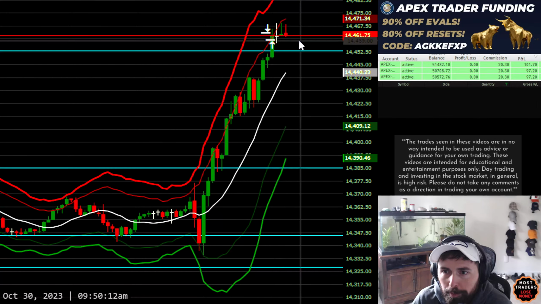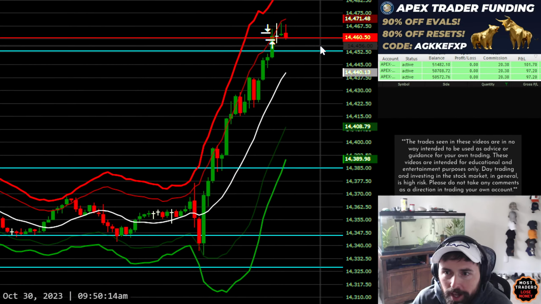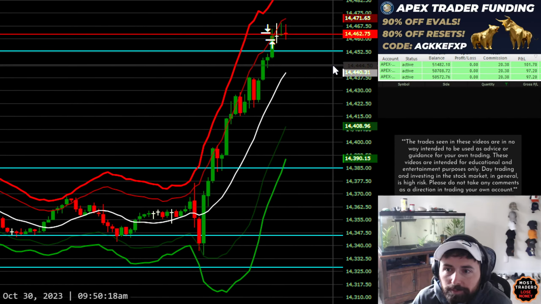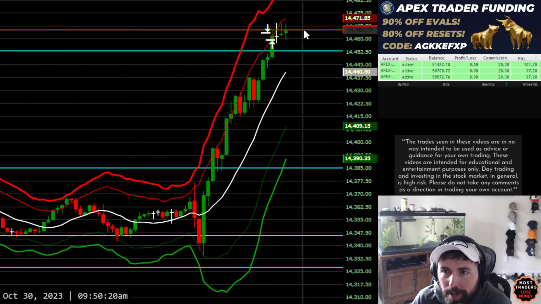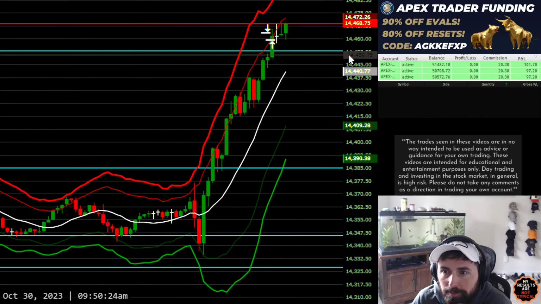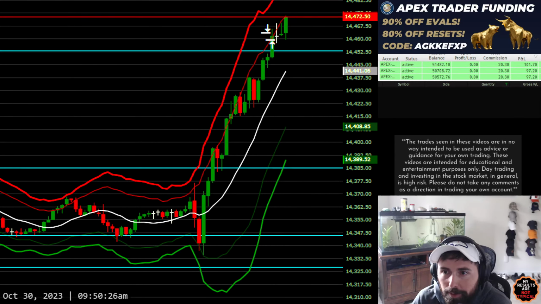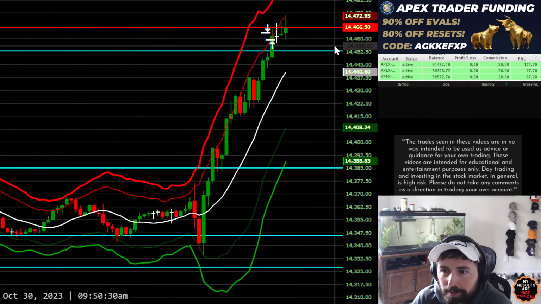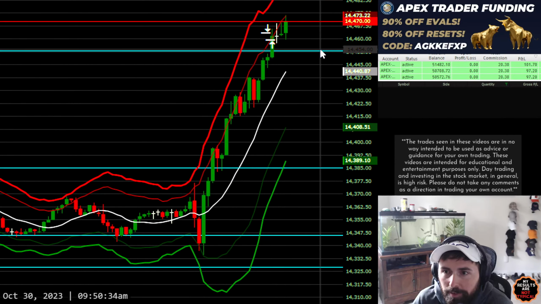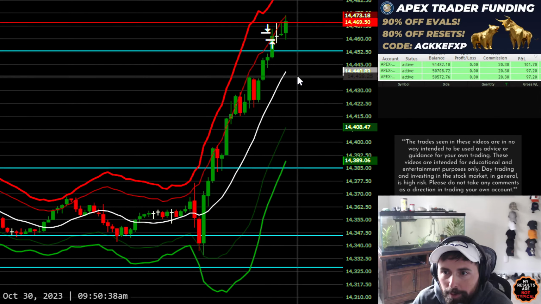If we can get another push before any kind of a pullback, it means the odds of the pullback are higher. But it does look like it's topping here. Go, go, go. Get further away from here, please. No. Might just be a liquidity grab here. Then they might bring it all the way back down somewhere around here.